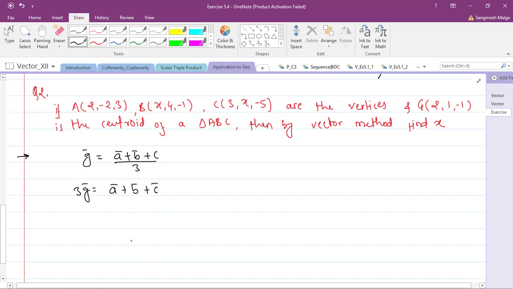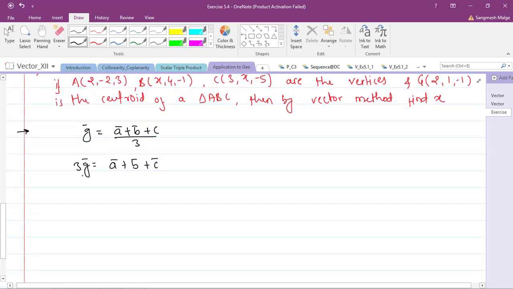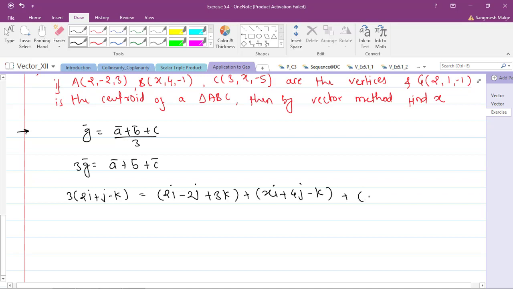Now substitute the values. 3 into G, which is 2I plus J minus K, equals A, which is 2I minus 2J plus 3K, plus B, which is xI plus 4J minus K, plus C, which is 3I plus xJ minus 5K.